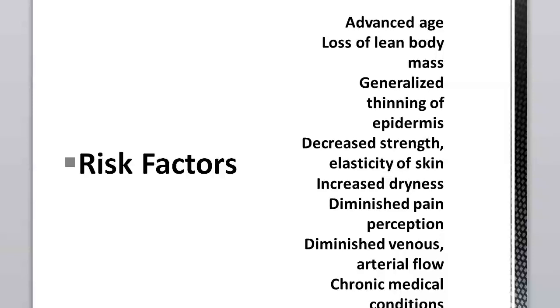Some of the medical conditions that make a person more prone to pressure ulcers, and one big one is any type of diabetes, whether it's type 1 or type 2, and then of course people with cardiovascular disease. Other factors are just what I talked about earlier, poor lifting and transferring techniques by people who care for these patients, incorrect positioning, hard support surfaces, and incorrect application of pressure relieving devices.